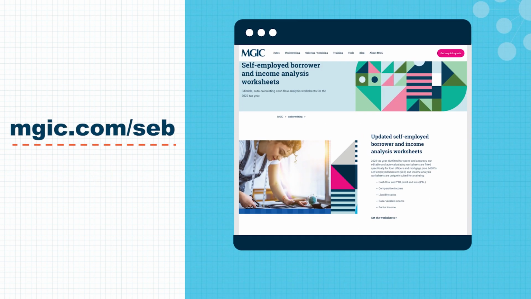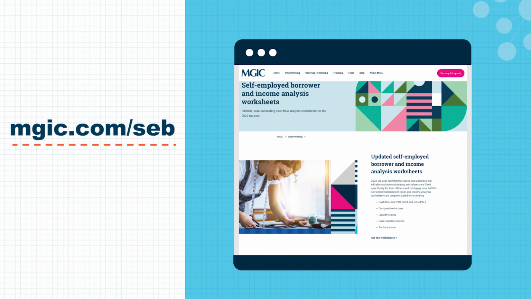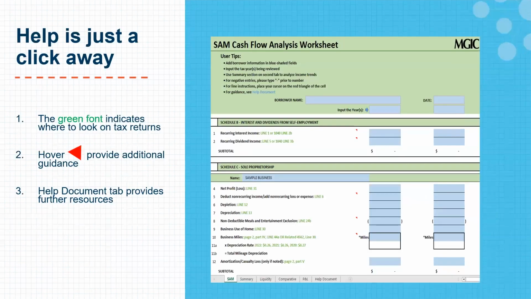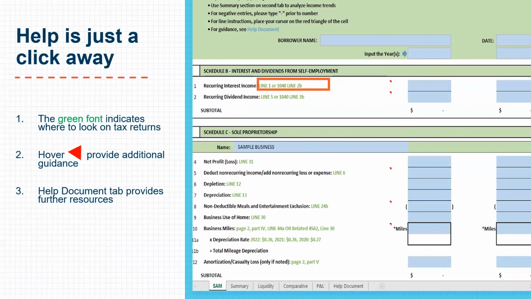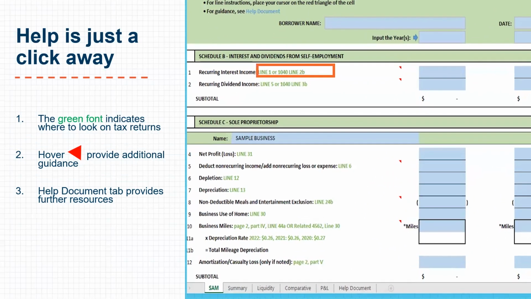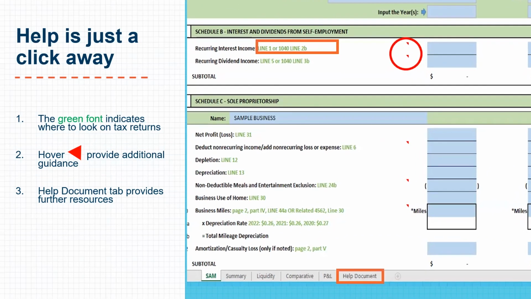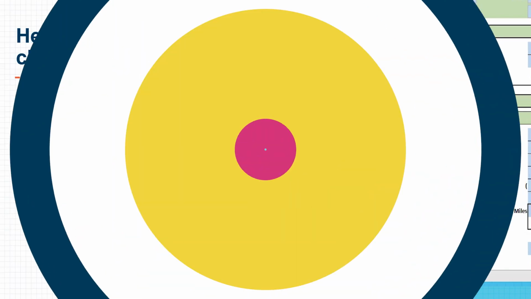When tasked with analyzing self-employed income, we use calculators or worksheets to assist us in this process. Our MGIC income calculators can be found at mgic.com/SEB. The SAM Cash Flow Analysis Worksheet has features to help you further. The green font indicates where to look on the tax forms. The hover triangles provide additional guidance, and the Help Document tab provides further resources.